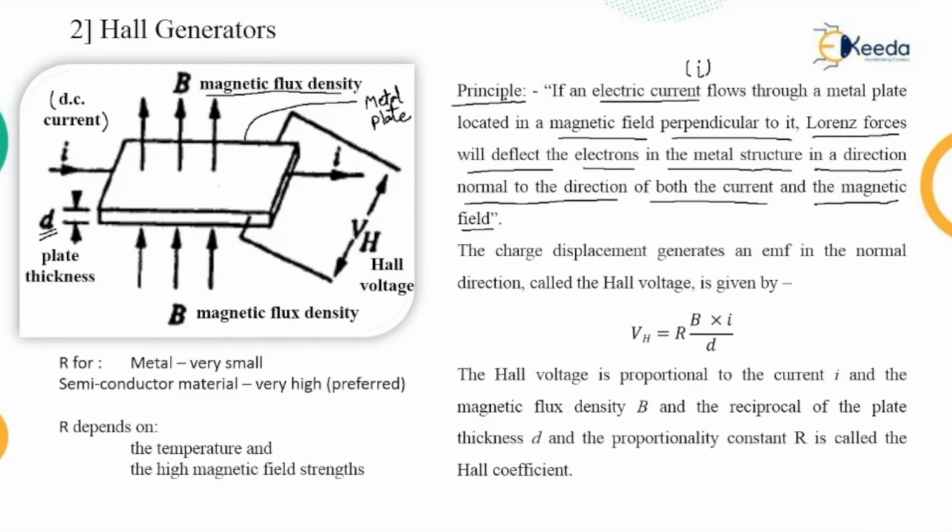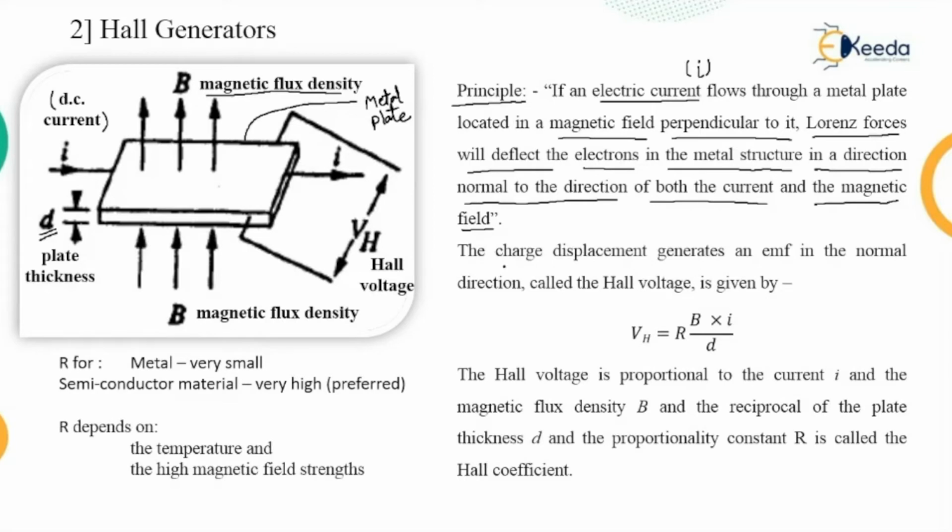This is the principle called the Hall effect. Now, this is referred to as a Hall generator because in this case, the Hall effect is used to generate the voltage, and therefore it is named a Hall generator.